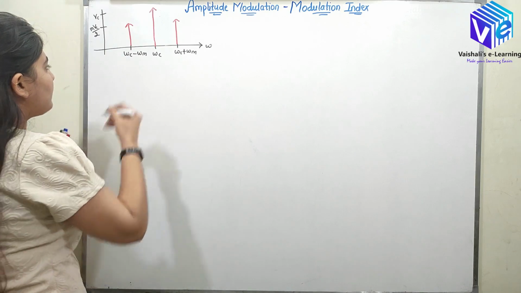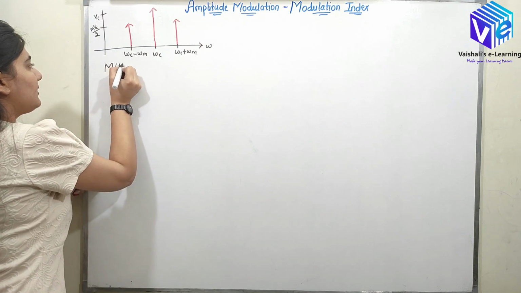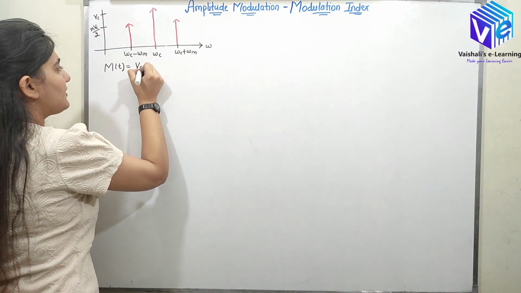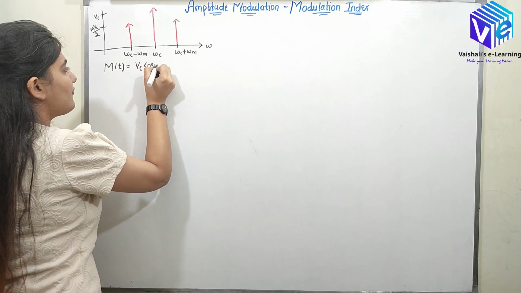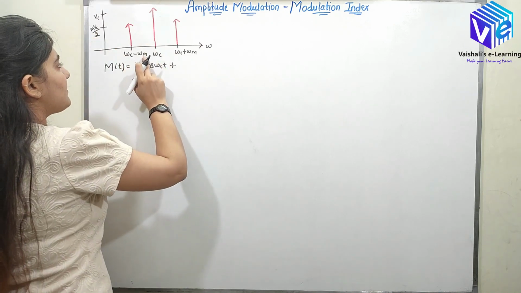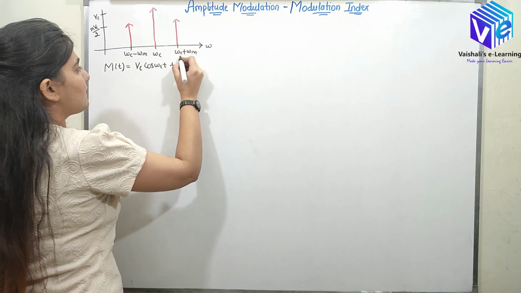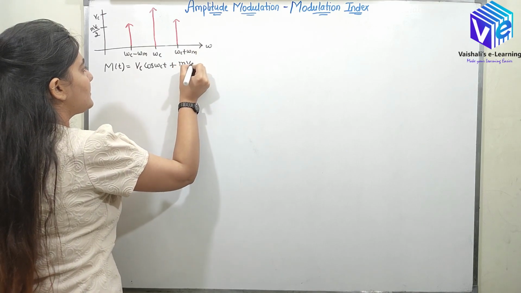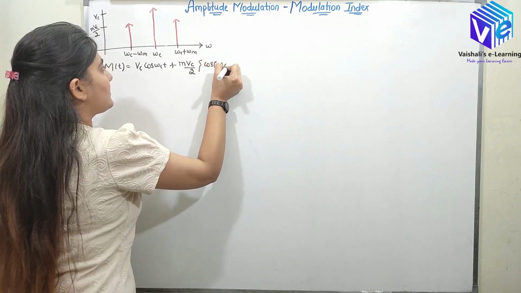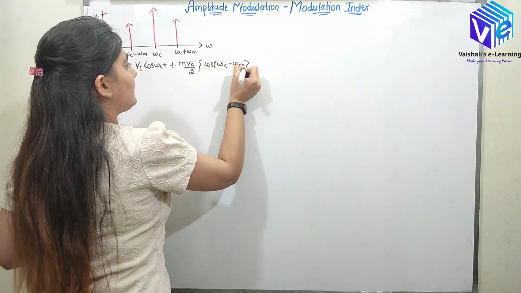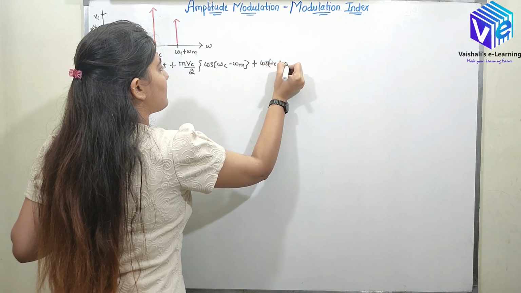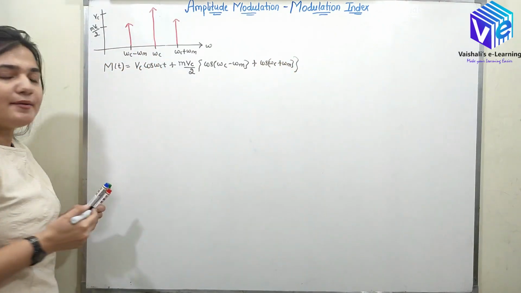So m(t) can be represented as Vc cos omega c t plus (mVc/2)[cos (omega c minus omega m)t plus cos (omega c plus omega m)t]. This is my modulated signal.